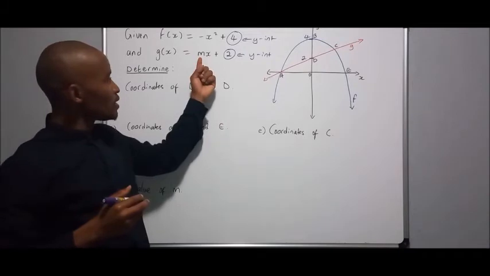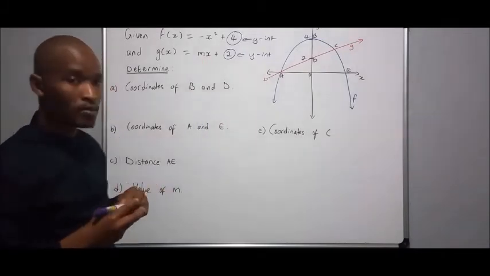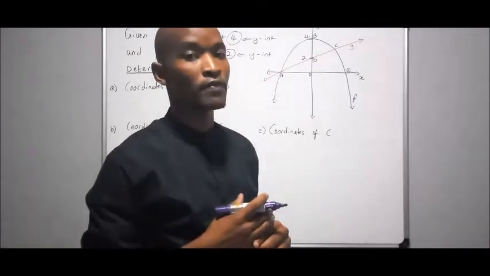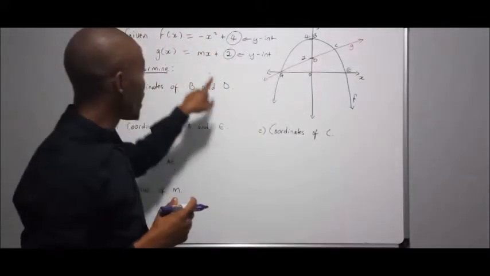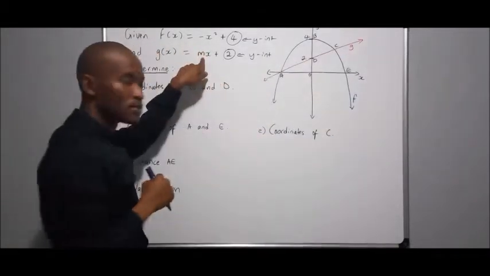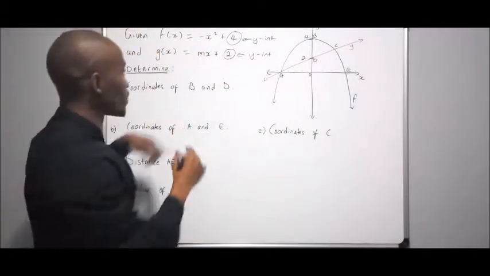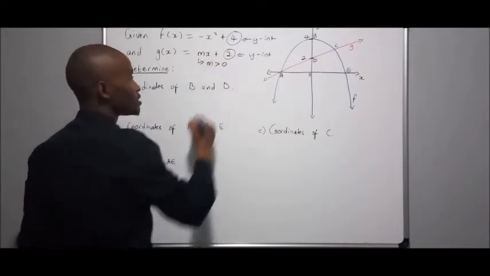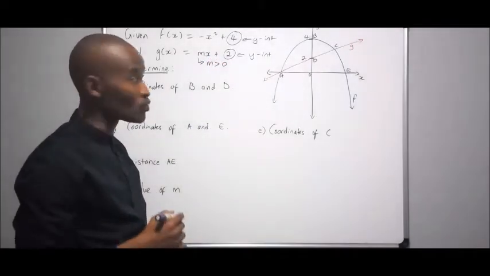Now, we are given m there, and m, what does it represent? That is the gradient of the function g, right? And looking at the orientation of the line, it's an increasing function. So we can definitely predict that when we calculate the value of m, the gradient will be positive.